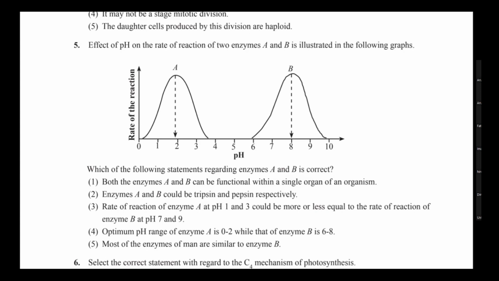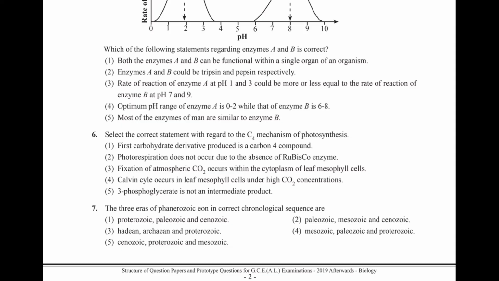In 2019, question number 6. Select the correct statement with regard to the C4 mechanism of photosynthesis. You know there are two types of mechanisms, C3 and C4 mechanism. Now this question is regarding the C4 mechanism of photosynthesis.